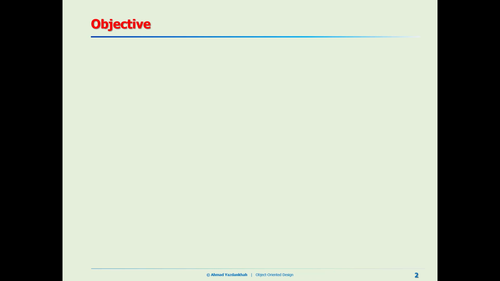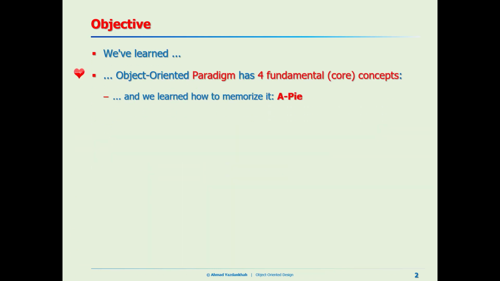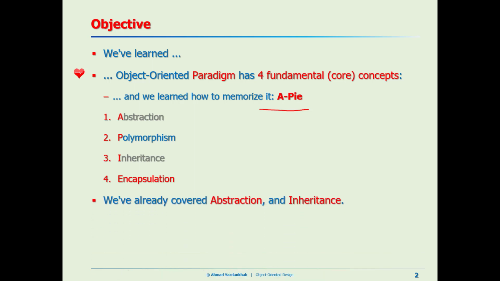You guys remember that the object-oriented paradigm has four fundamental or core concepts, and we learn them by this abbreviation, A PIE. So abstraction, polymorphism, inheritance, and encapsulation. We have already covered abstraction and inheritance, right?